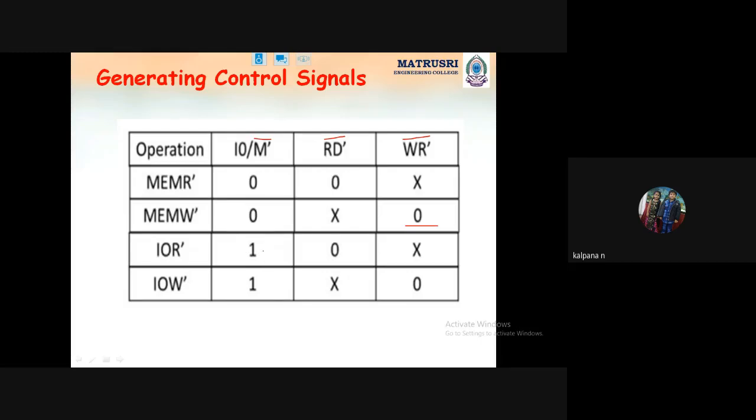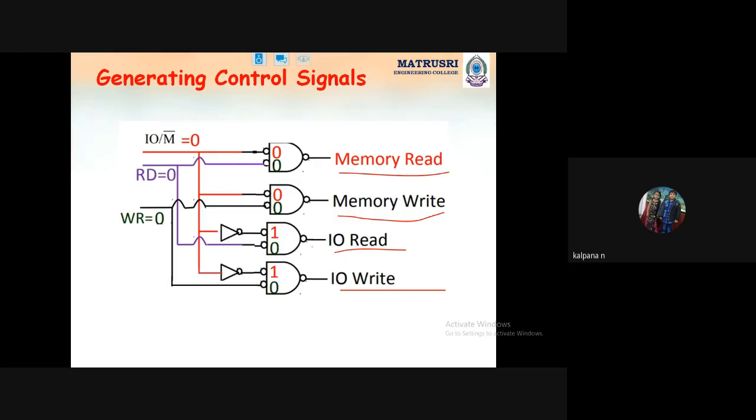Now in the IO operation, how can we say read or write? By making 0. If RD bar is equal to 0 and IO/M bar is equal to 1, that means IO read operation. Now WR bar is equal to 0 means IO write operation.